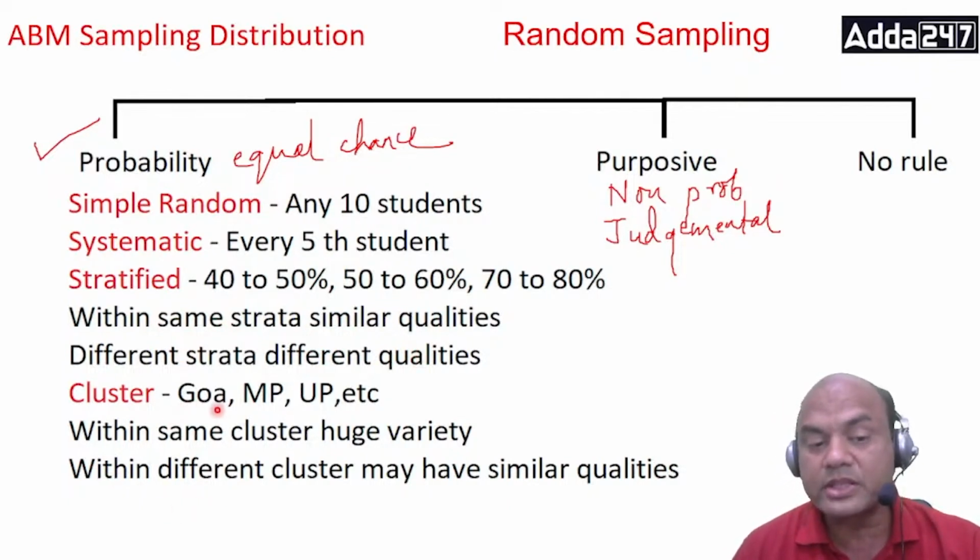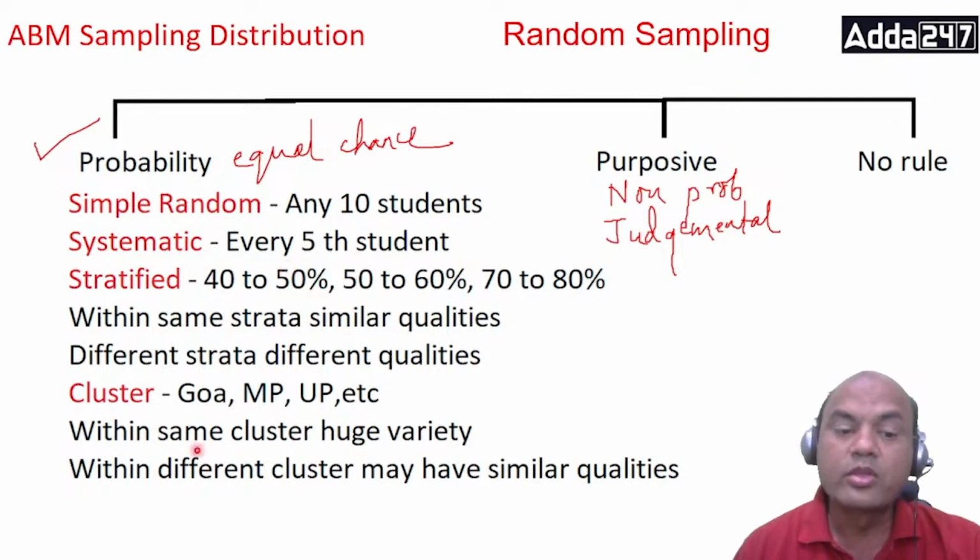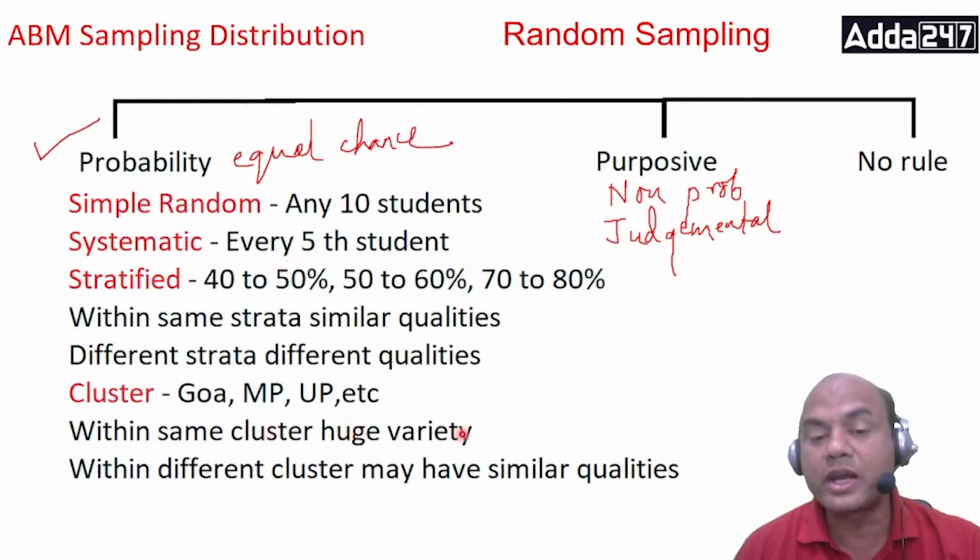The reverse is the case with cluster. Within the same cluster, there is a huge variety. Somebody is from Goa; in Goa also there will be a student of 80 to 90% and a student of 40 to 50%, right? So within the same cluster, there is huge variety. It's exactly opposite of stratified.